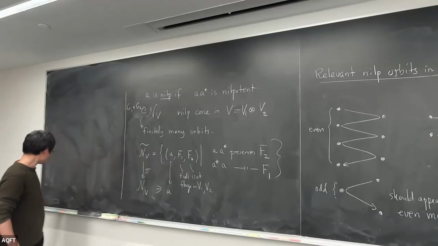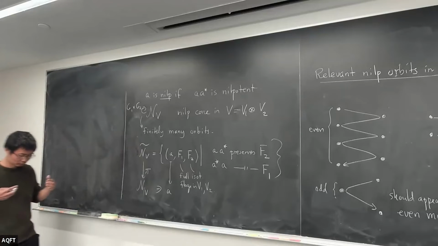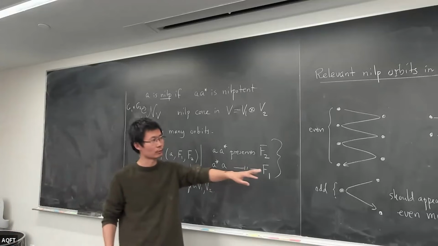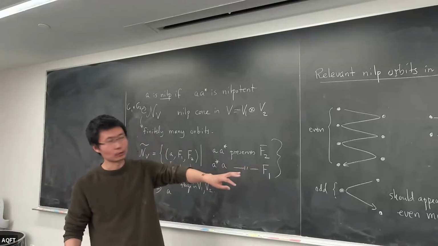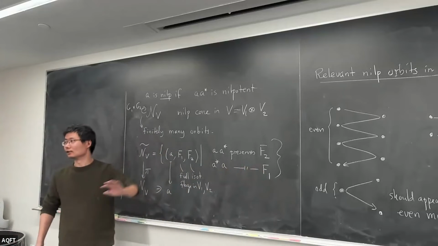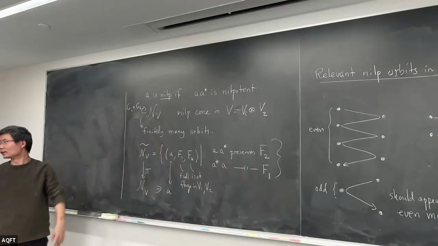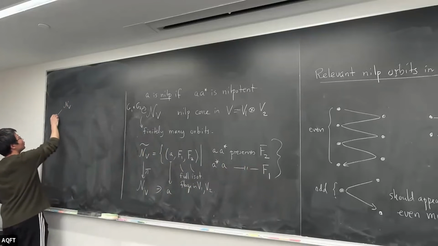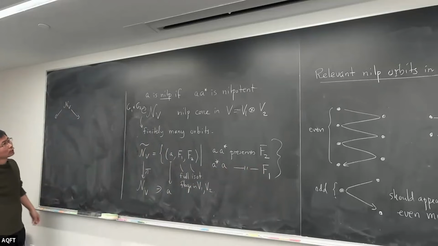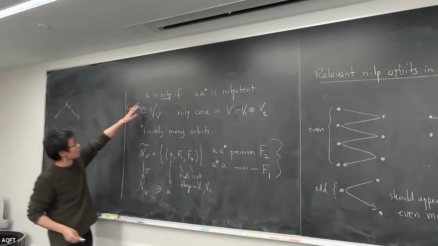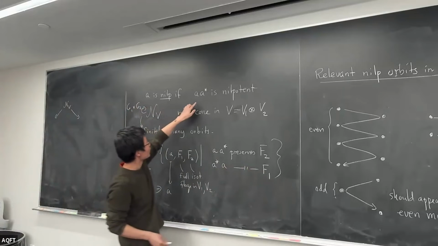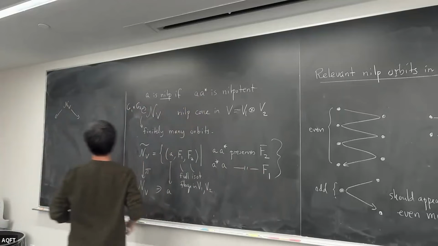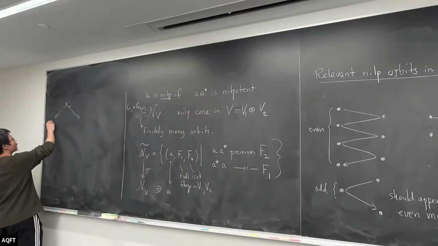But okay, maybe it helps if I reformulate the relevance condition in terms of nilpotent orbits in the Lie algebra, not in this V, but in G1 and G2. So a nilpotent element viewed as a quiver gives rise to one nilpotent element in each Lie algebra.